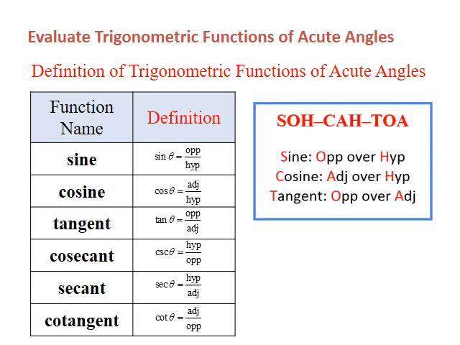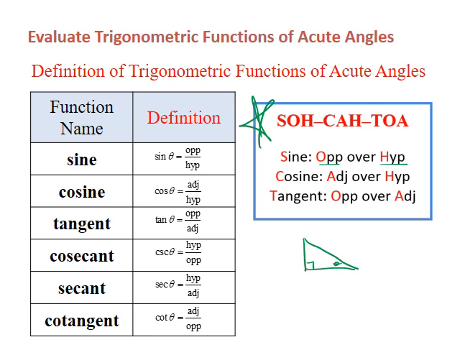So one thing that you may be familiar with is a phrase called SOHCAHTOA. Basically, SOHCAHTOA is saying that if this is our angle theta, then sine is the opposite over the hypotenuse.